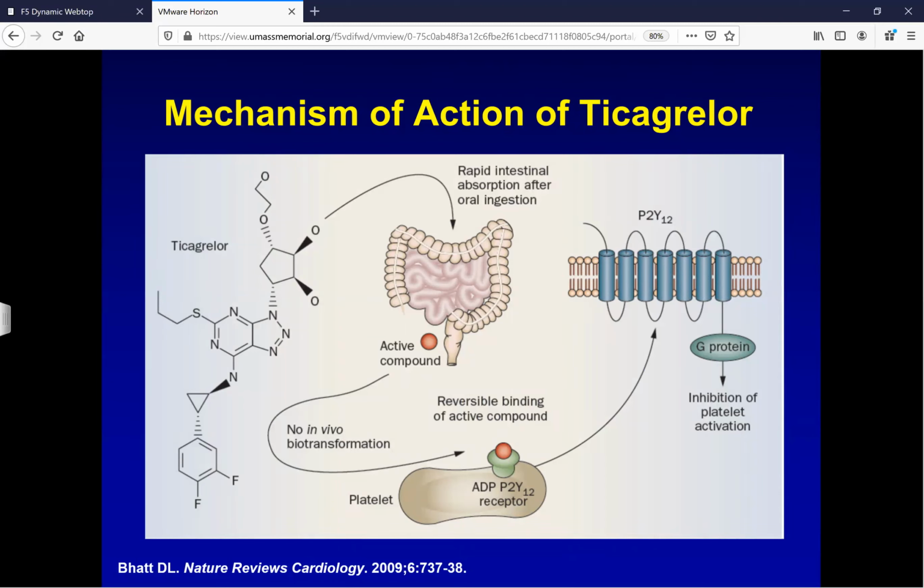Then the Ticagrelor came in around 2009, and we found that this is actually not a prodrug. So the step through the liver is not needed. So it just goes and becomes an active compound right away, and then it's used. It's in the blood in 2 hours, and in 6 hours, it's at the peak.